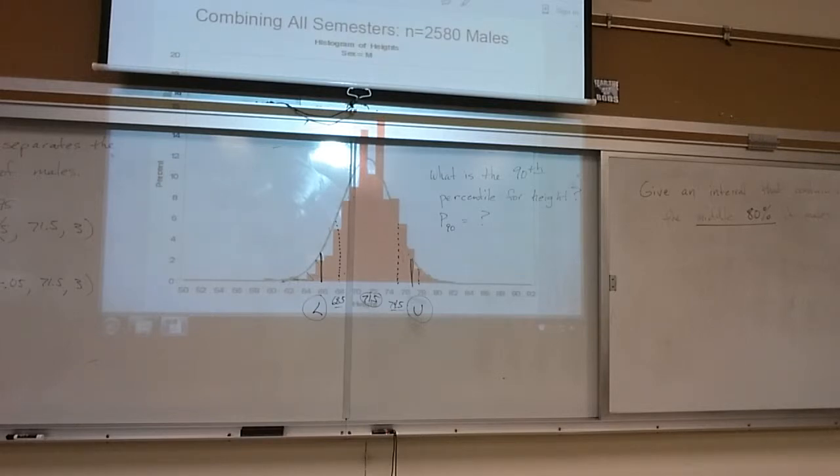You wanted the middle 80%, but if you used 0.2 and 0.8, that would be the middle 60%, because 0.8 minus 0.2 is 0.6. So for the lower bound, you don't want 0.2, you want half the leftover area.